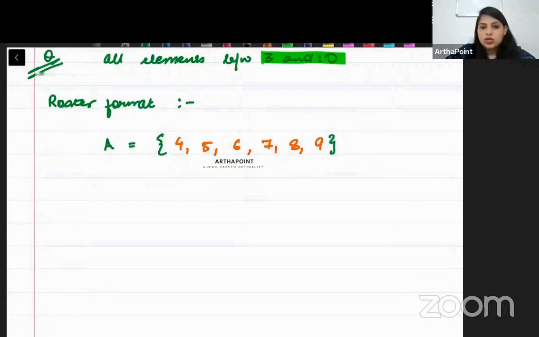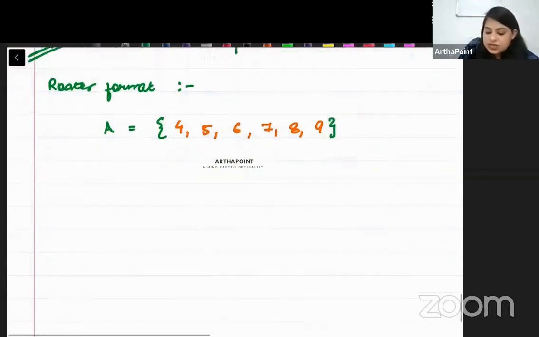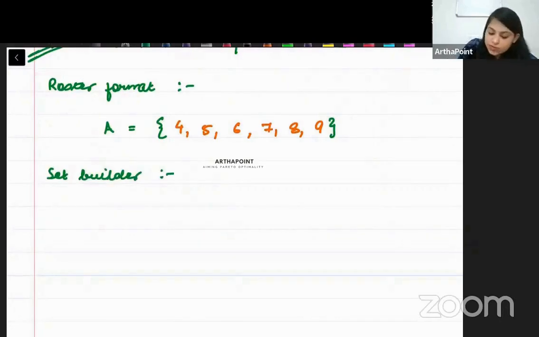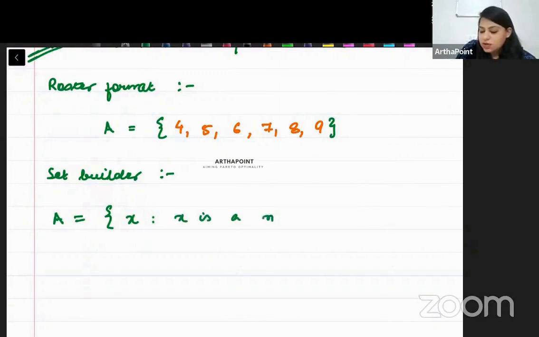Now I'm asking you, how will you write this in the set builder format? In the set builder form. So let's write it. So I'm saying, beta, I have a set A. What is this set A? I need to have all x's, all elements, such that x is a natural number.